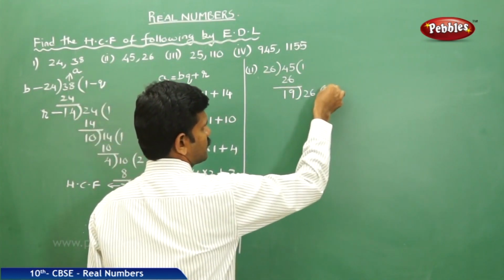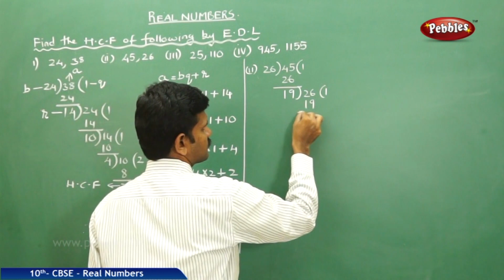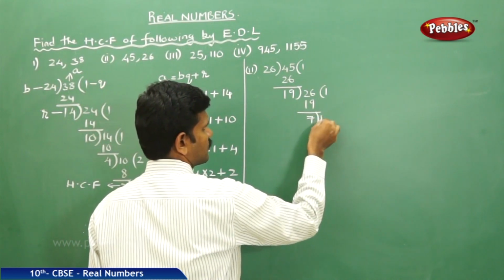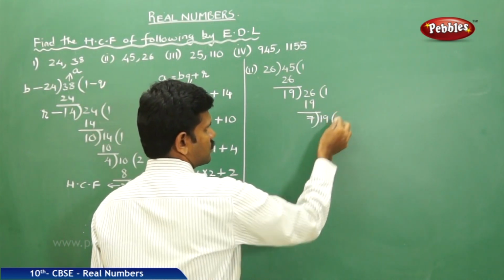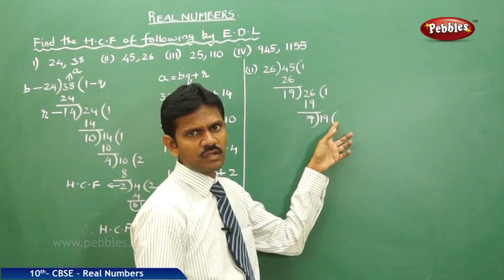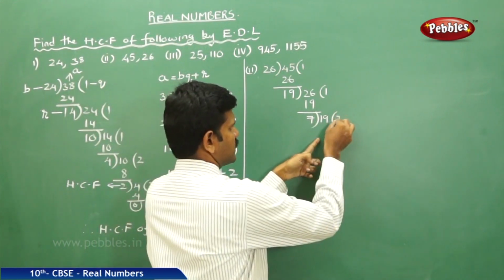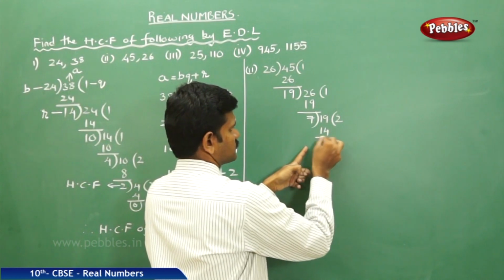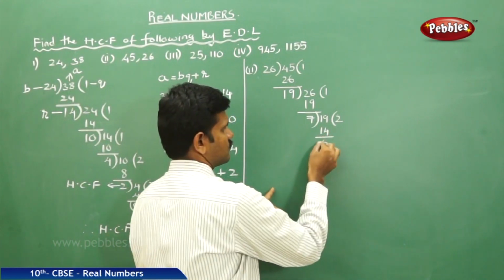So 19. 7 twos are 14. The remainder is 5.